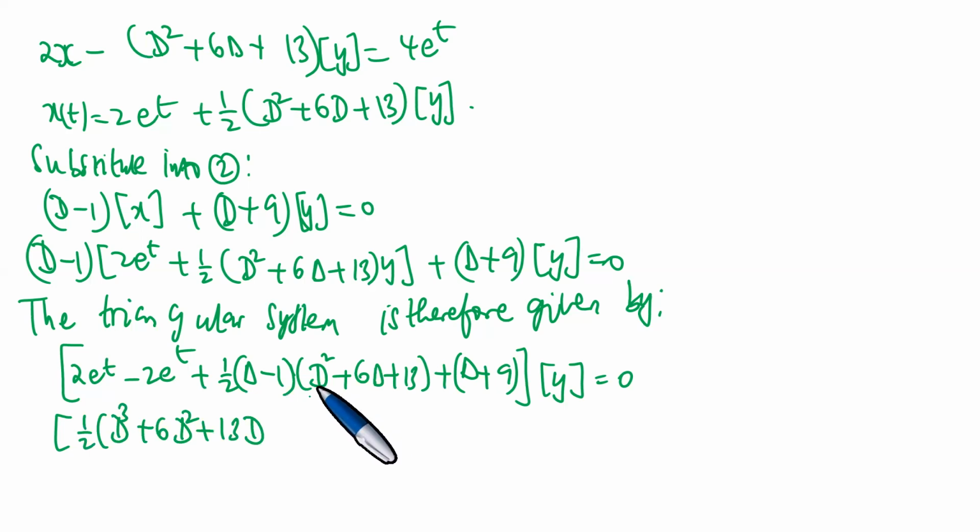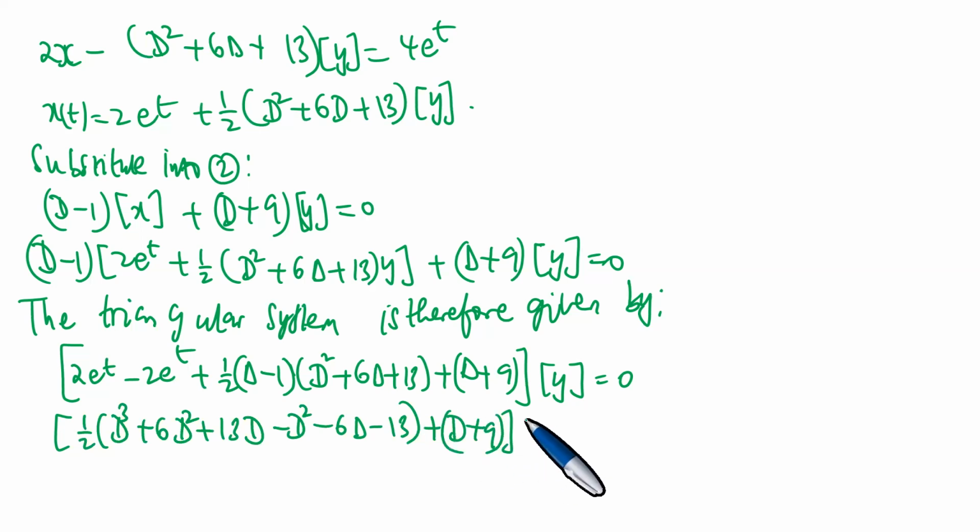Then you multiply these, and then plus d plus 9 into y. Okay, we get exactly this over here.